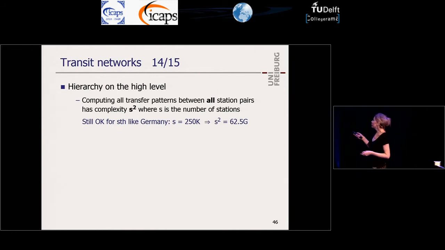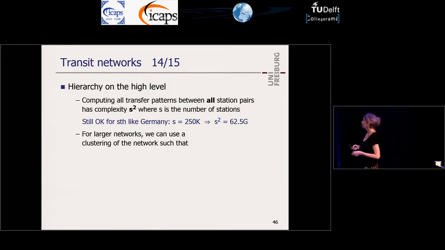Actually, it's quadratic in the number of stations, not in the number of nodes when you have this time expansion, not in the number of events. It's not so totally bad. Even for the transit network of Germany, which is huge with 250,000 stations, this is just 62 gigs, right? So if you store just a few bytes for each pair, which works, then this is still feasible.